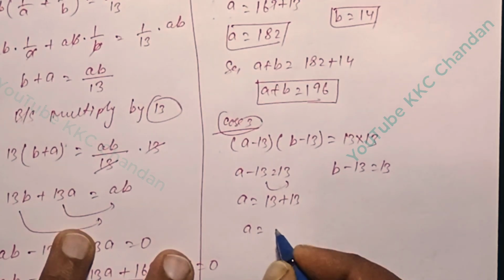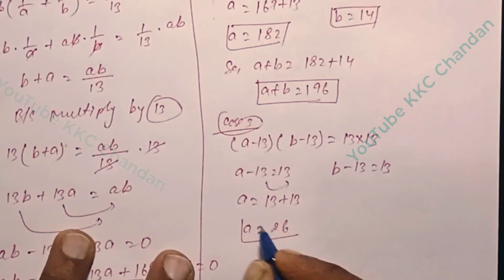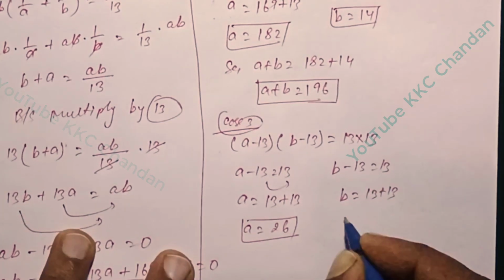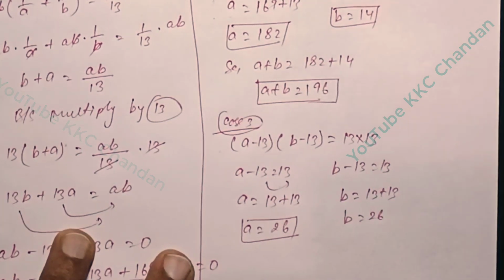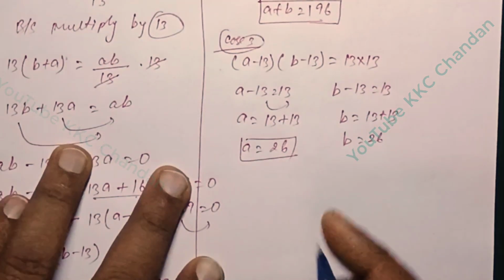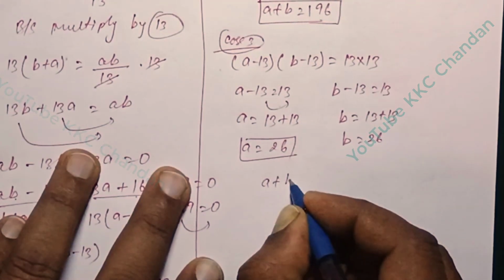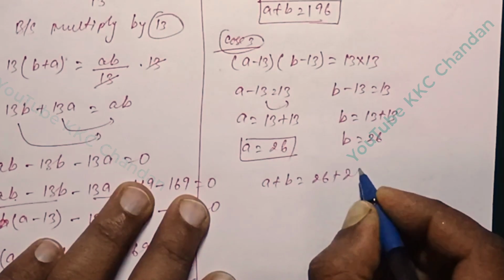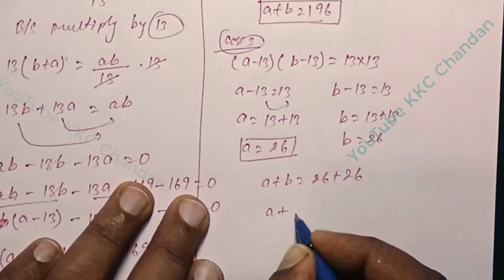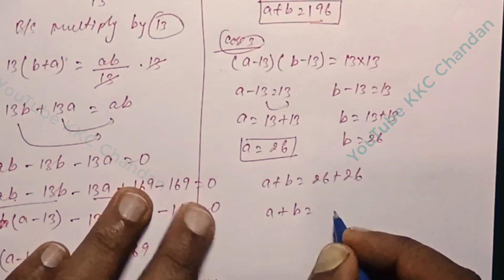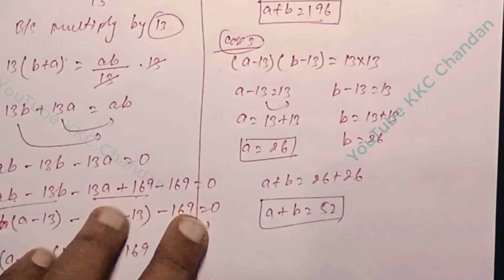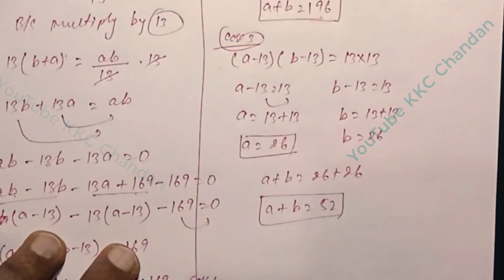Therefore a is equal to 26. Here b is equal to 13 plus 13. Therefore b is equal to 26. To find the value of a plus b, a value 26 plus b value 26. Therefore a plus b is equal to 52. This is the value for case number 3.